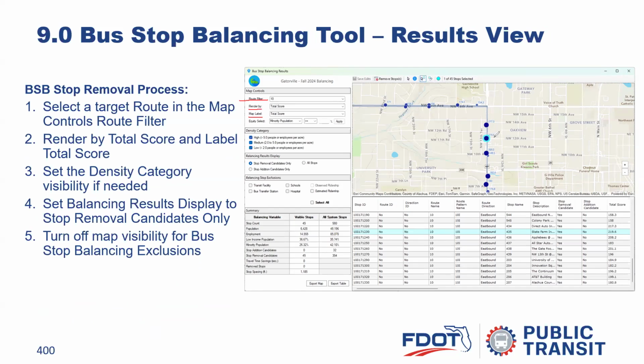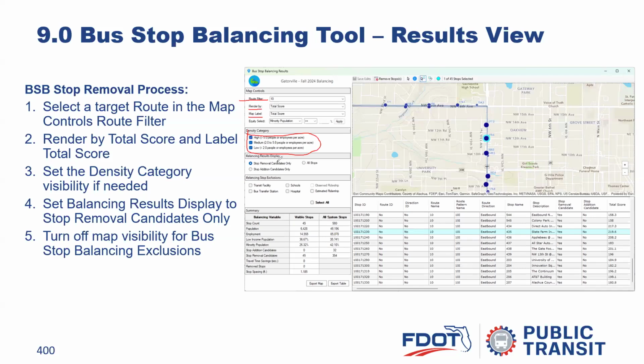So what you see here is I've selected this stop, which is in between two other stops that are also candidates. So the setup here is we have all the density categories enabled. So we can see all the density categories. However, we are only showing stop removal candidates.